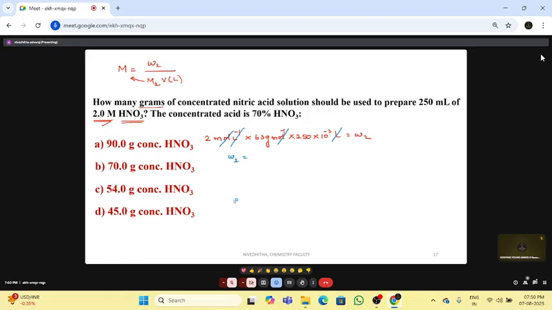Value of W2. Can I please come up with at least approximate value?